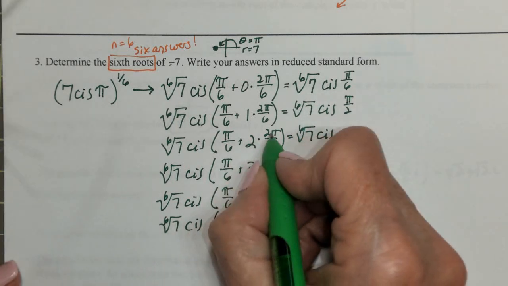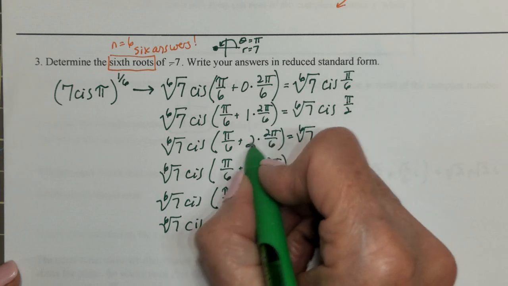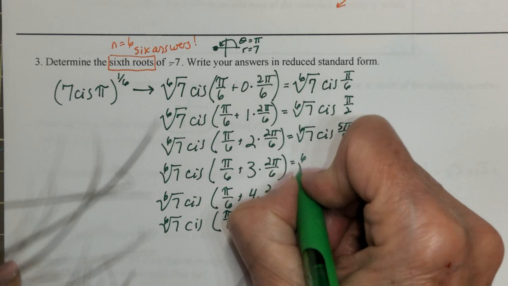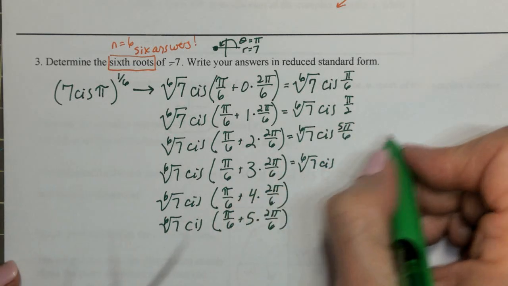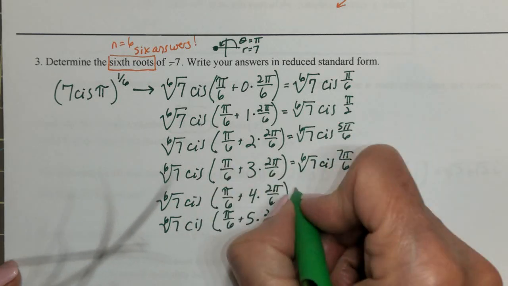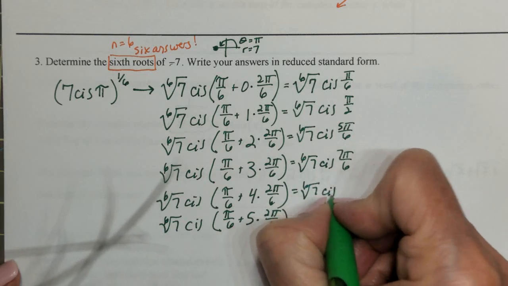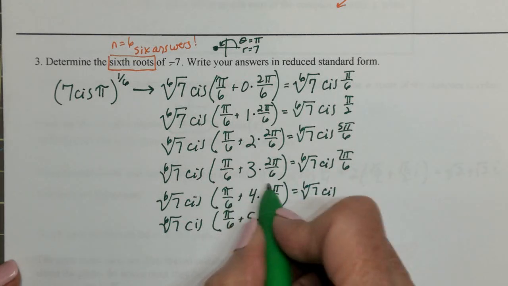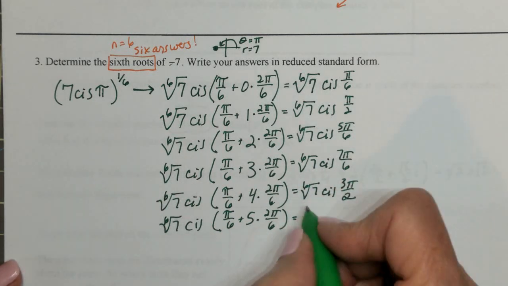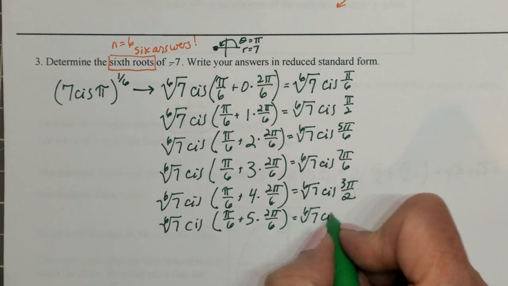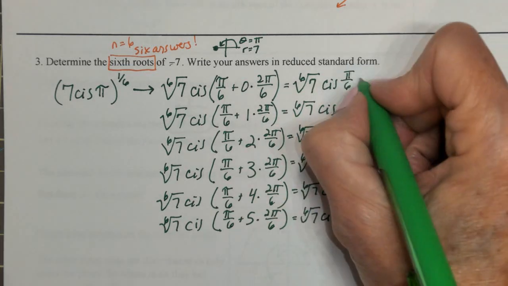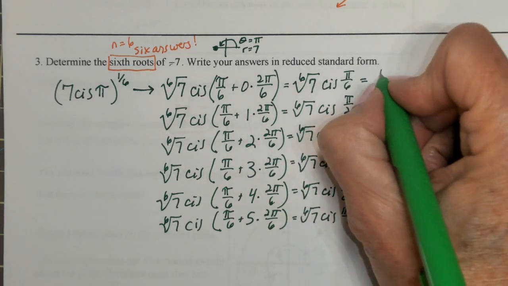Okay, 2 times 2 pi is 4 pi, plus 1 pi is 5 pi over 6. 3 times 2 pi is 6 pi, plus 1 pi is 7 pi over 6. 4 times 2 is 8 pi, plus 1 pi is 9 pi over 6, that is 3 pi over 2. 6th root of 7 cis, okay, 10 pi plus 1 pi is 11 pi over 6. All right, that is the 6th root of 7.